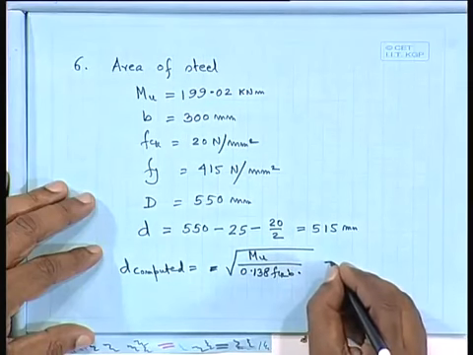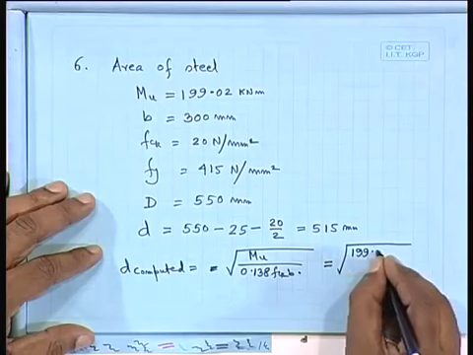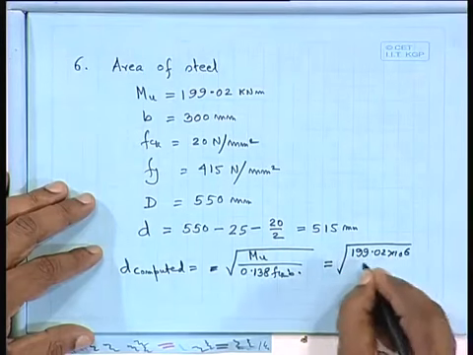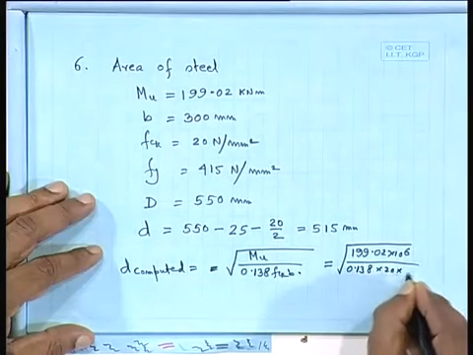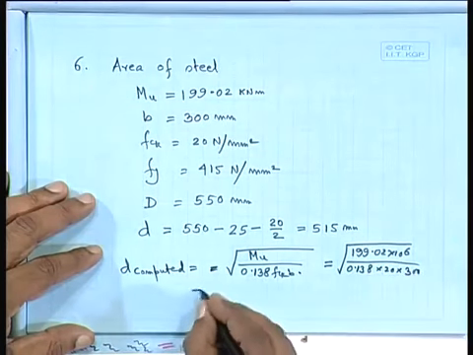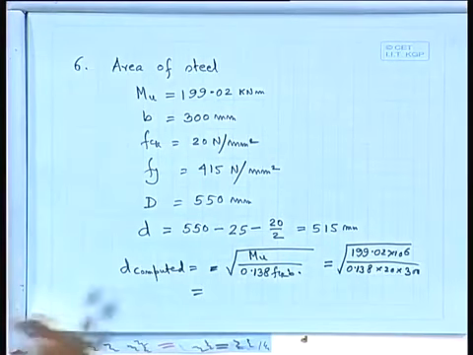So root over 199.02 into 10 to the power 6 divided by 0.138 into 20 into 300, that 300 is your width.